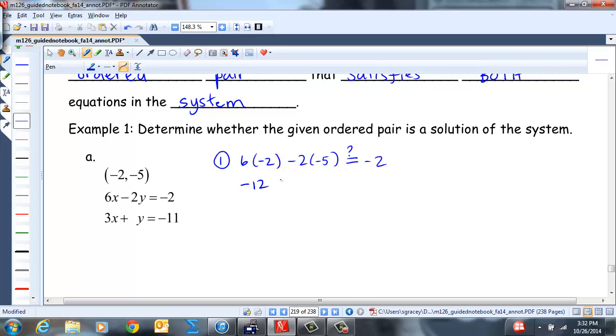Well, negative 12 plus 10, is that equal to negative 2? Negative 2 equals negative 2, so the first line checks out. So what we have ascertained is that that ordered pair is on the first line. Now let's look at the second line and check that one out. So we're going to check the same ordered pair, but in the second line.